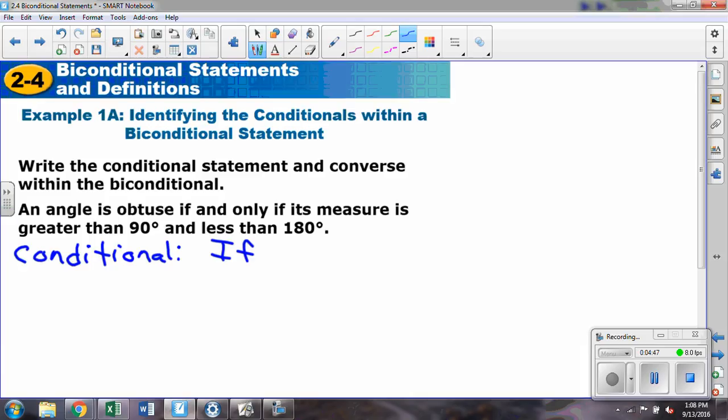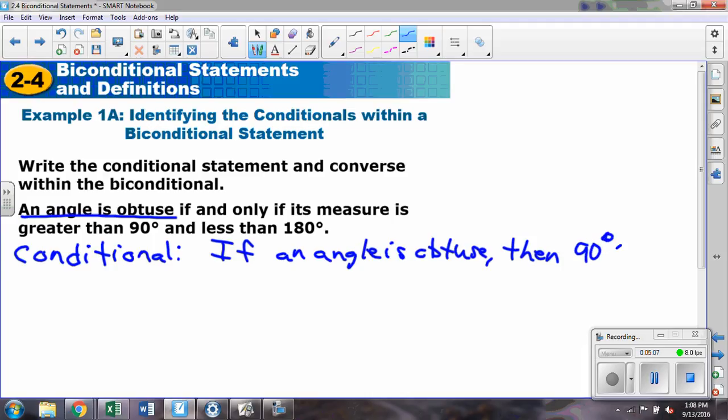If hypothesis, an angle is obtuse, then we need the conclusion. Symbolically, if its measure is between 90 and 180, I'm just trying to cut down on the amount of writing, so 90 is less than the angle is less than 180.